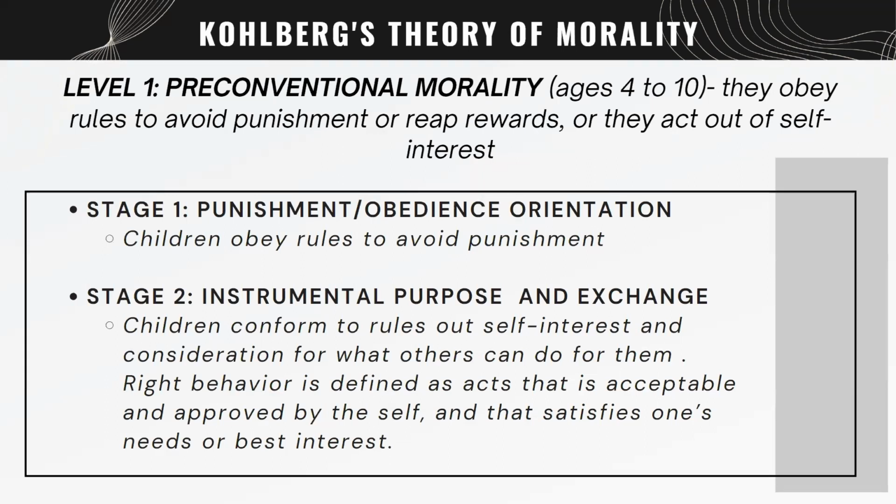So in this level, morality is externally controlled. Nakokontrol pa yung paggawa ng tama, ng mabuti ng mga bata, particularly in stage 1. So in stage 1, we have the punishment and obedience orientation, wherein authority figures give reinforcement.